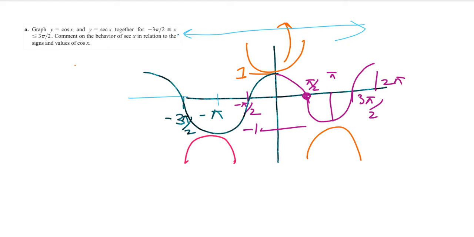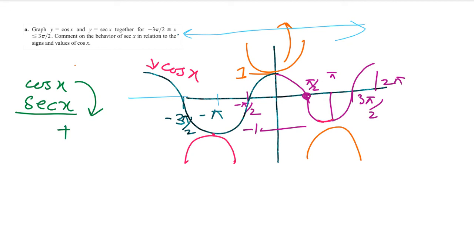As you can see, the ending point of this cos x is -1 and the starting point of secant x is -1.